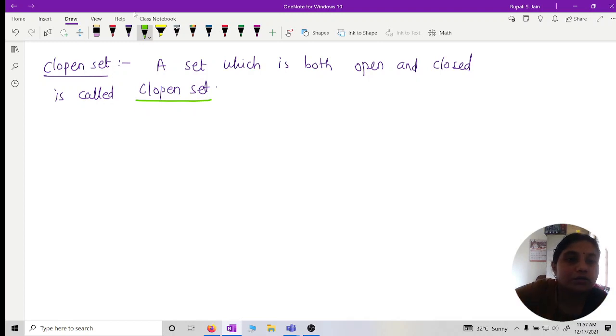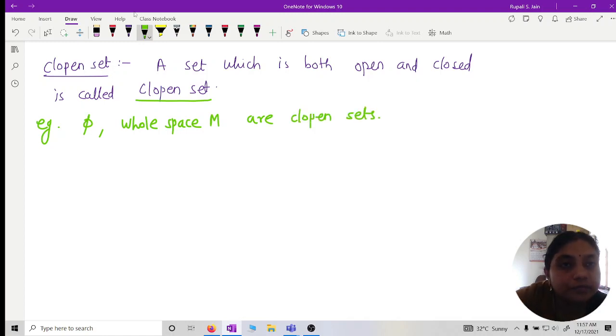So, what are the examples of clopen sets? The empty set is open as well as closed. The whole space is also a clopen set. Right? Is that okay?